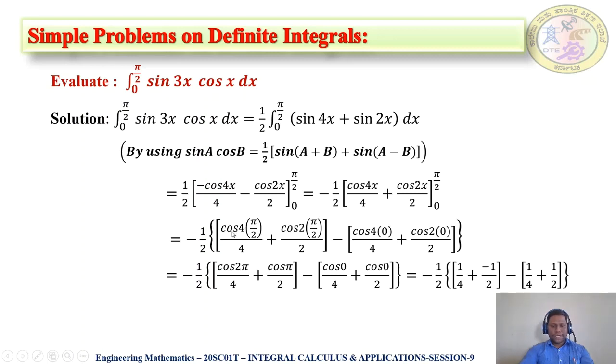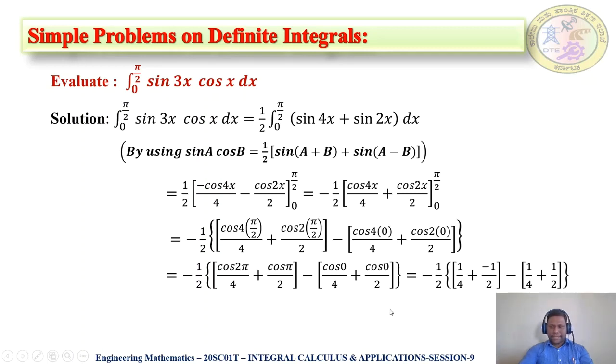Now if we simplify, minus 1 by 2 will remain as it is. Here 2 into pi by 2 is pi, 4 into pi by 2 is 2 pi, so cos 2 pi, that is cos 360, and cos pi remain. Here cos 0 by 4, here cos 0 by 2. We know that cos 360 degrees value is 1, cos 180 degrees value is minus 1; cos 2 pi is 1, cos pi is minus 1. Similarly cos 0 is 1 here, here also cos 0 is 1.